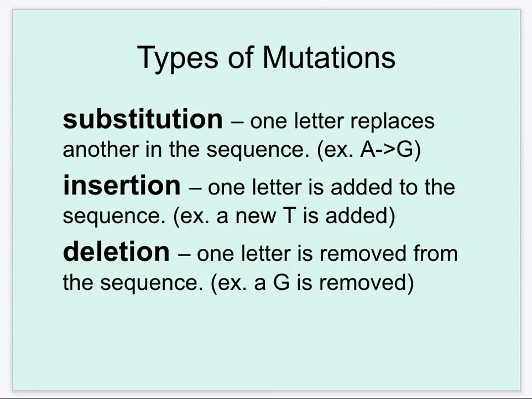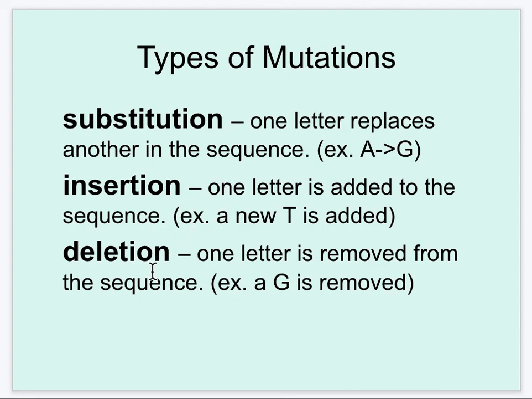We have different types of mutations. Substitutions: one letter replaces another in a sequence. So example, A usually goes with T, but maybe G accidentally pairs with A. Okay, that's called the substitution. One letter is substituted for another. Insertion is when one letter is added to the sequence, so an extra letter that doesn't belong.